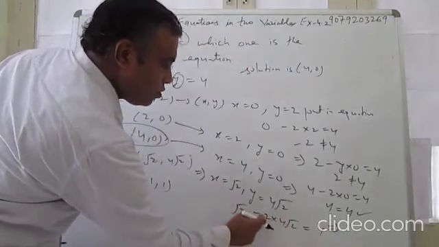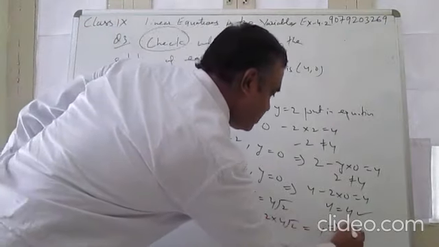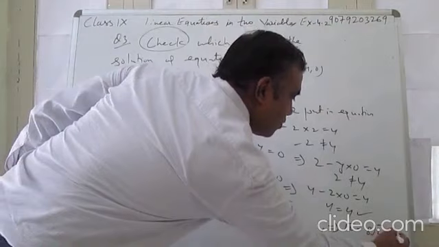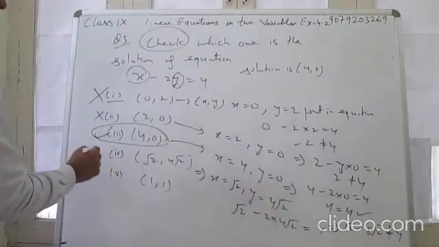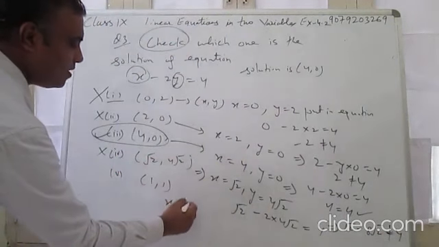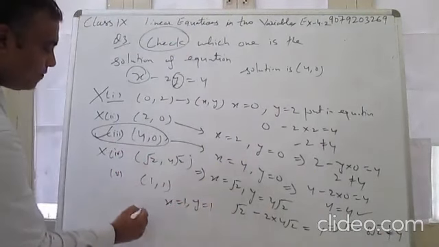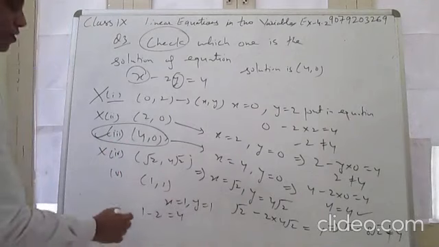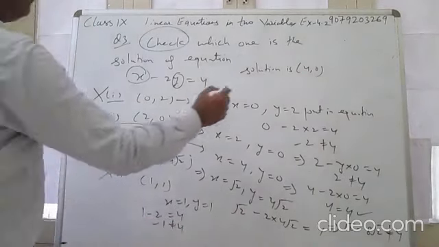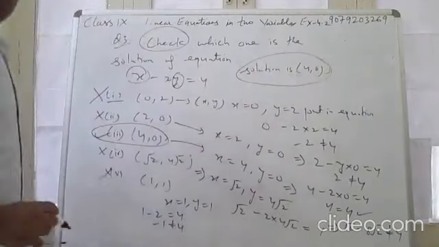Root 2 minus 8 root 2 is equal to 4. It is also not equal. Now similarly 1, 1: x is 1, y is 1. 1 minus 2 is equal to 4. So it becomes minus 1, not equal to 4. This is wrong. Only 4, 0 is the solution.